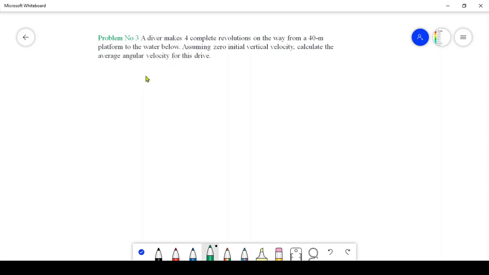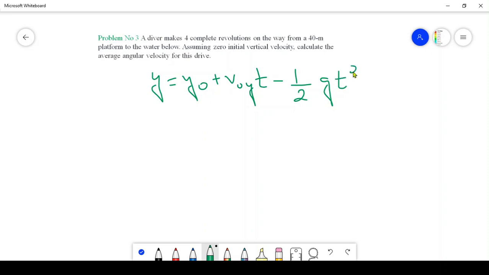As we know, the formula for vertical displacement is given by y is equal to y naught plus v naught y t minus 1 by 2 g t square.